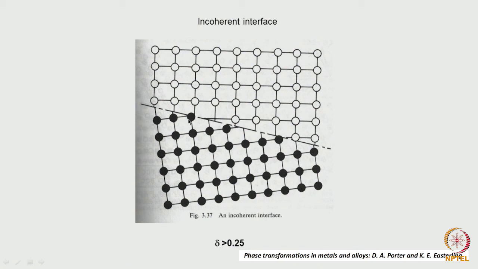The perfect lattice is maintained on either side of the crystal. Whatever lattice parameter is there, the same thing we will see right up to the interface. Whereas in the case of coherency strain, the lattice parameter is changing because they want to maintain continuity across the interface, correct?